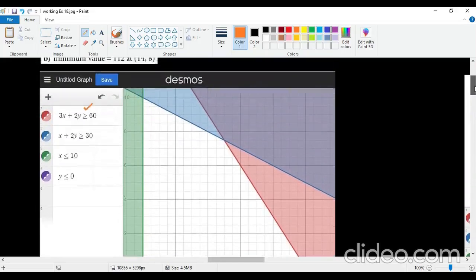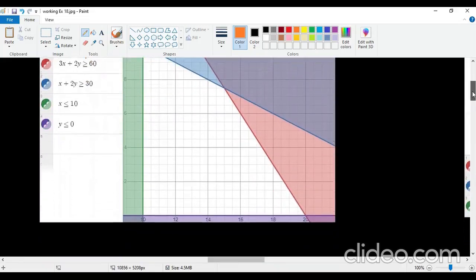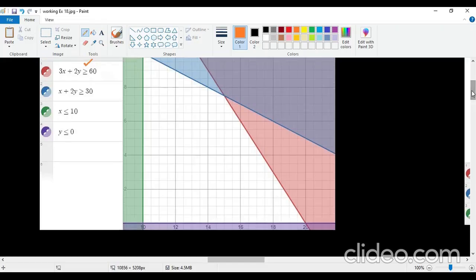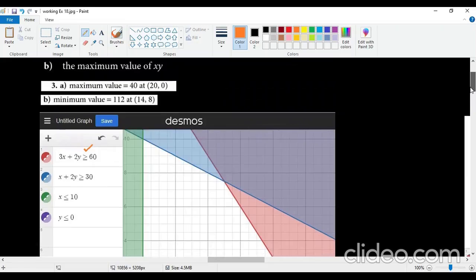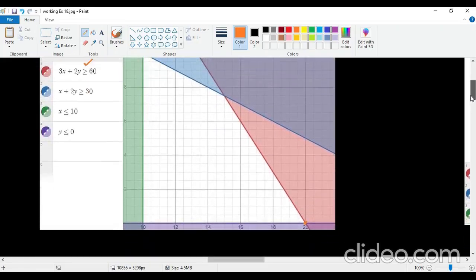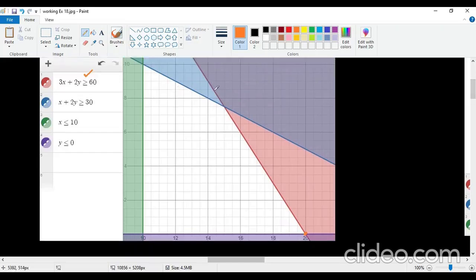Now in here you can see the minimum point and the maximum point. The maximum point is 20, 0. That means 20 and 0. This point is the one which is the maximum point, and the minimum is 14, 8. 14, 8 is somewhere over here. 14, 8 is this one.